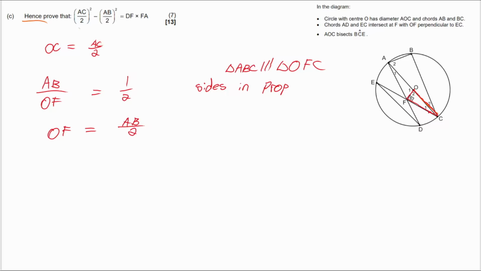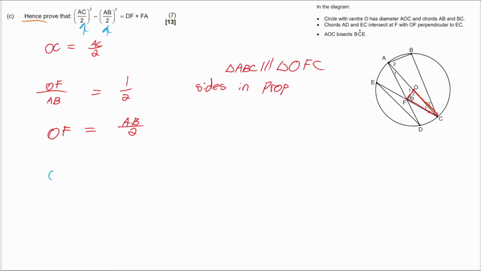When I cross multiply over there, I feel like something is wrong. It's meant to be the other way around, sorry. It's meant to be OF over AB is 1 over 2. So when I solve for OF, this AB goes up there. So I have OF is AB over 2. Okay, so I can rewrite this.